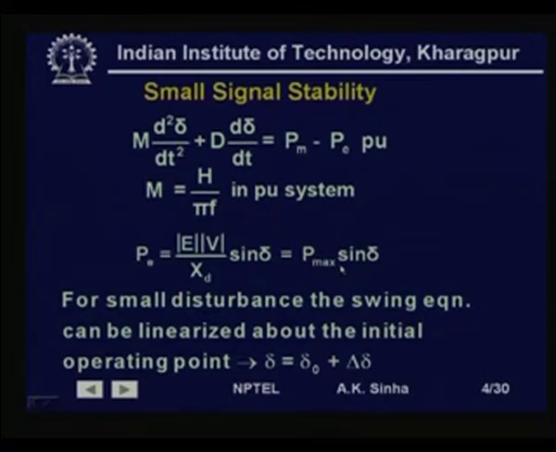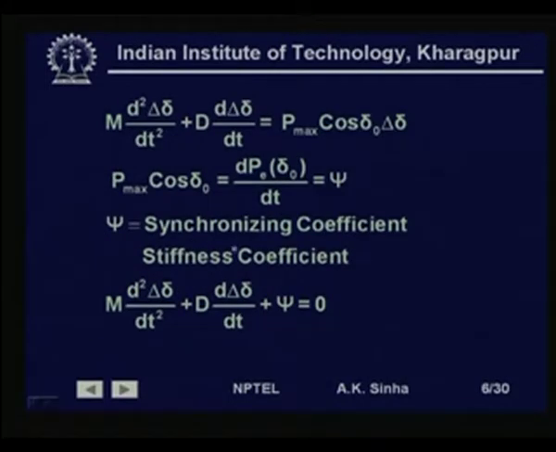So, basically this expression that we have got, that is del P by del delta, will be equal to Pmax cos delta. So, this is basically giving us the slope of the power angle characteristics of the machine about the operating point delta 0, and we call this psi, that is dPe at delta 0 by d delta.